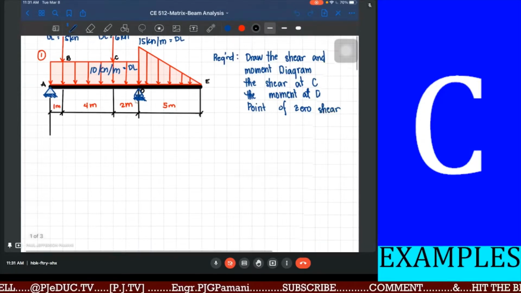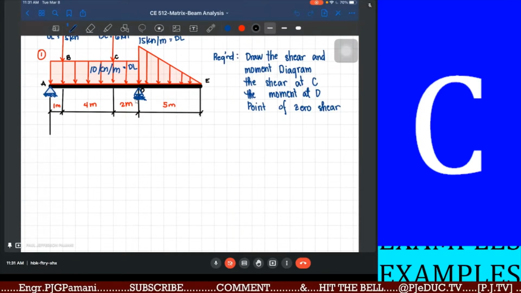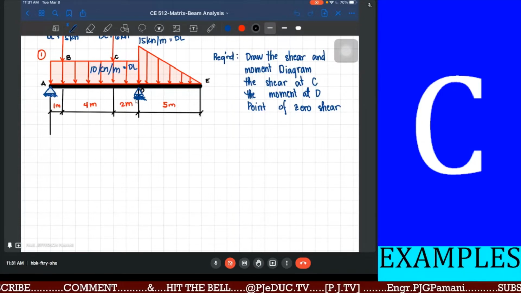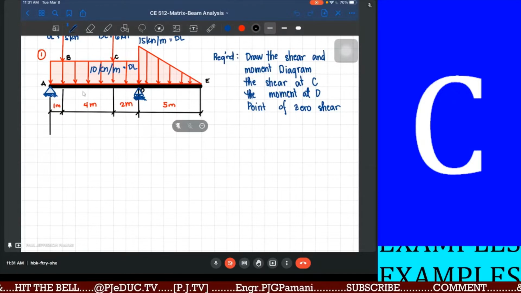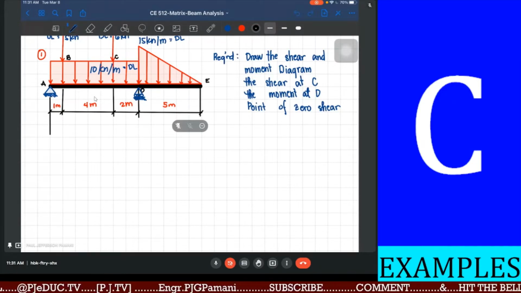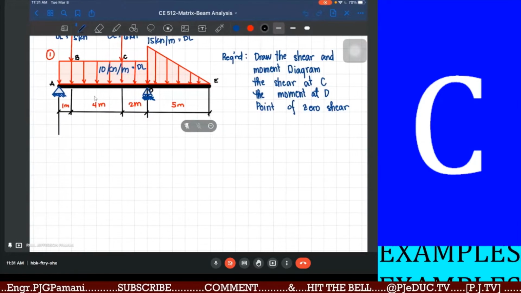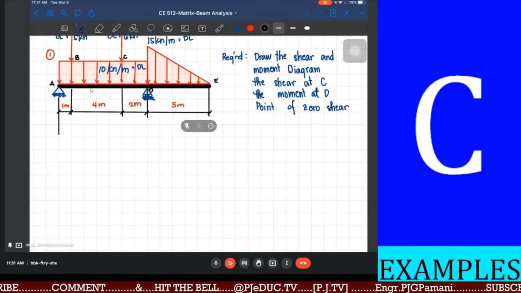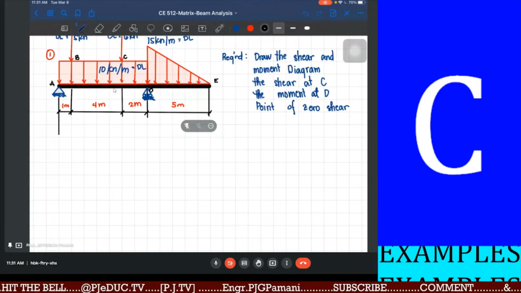Okay, I hope you have already watched the lectures regarding the difference between the point of zero shear and the point of inflection. The point of zero shear defines the point on the beam span where there is no equivalent shear force. And the point of inflection refers to the point along the span of the beam where there is no, tawag na dito, moment.